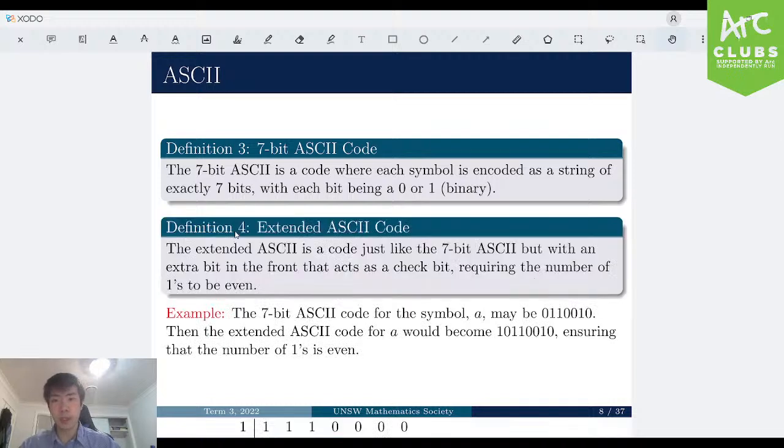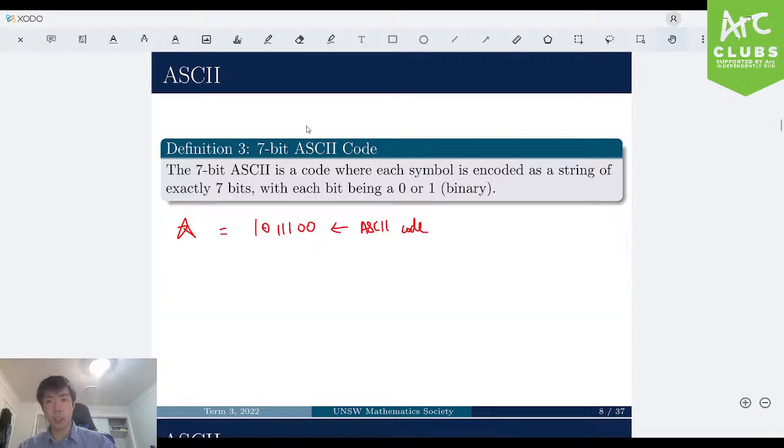All right. Next, we also have the extended ASCII code, which is the same as the 7-bit ASCII code, except there's an extra bit at the front that acts as a check bit, requiring the number of 1s to be even. Now, going back to our example, let's say star equals 1011100, and we're transmitting this code word over to a receiver.